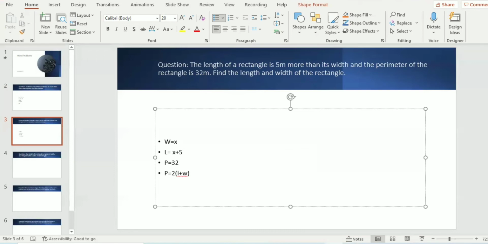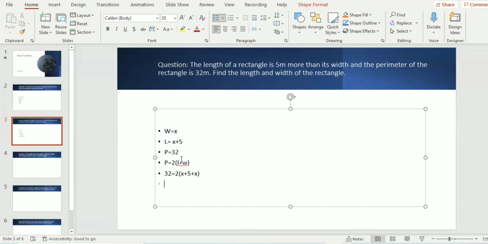So here it is 2 into (length plus width). Now we know the value of P, which is 32, equals 2 times (length, which is x plus 5, and width, which is x).